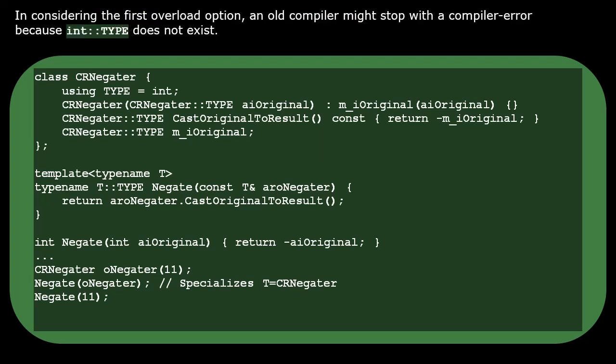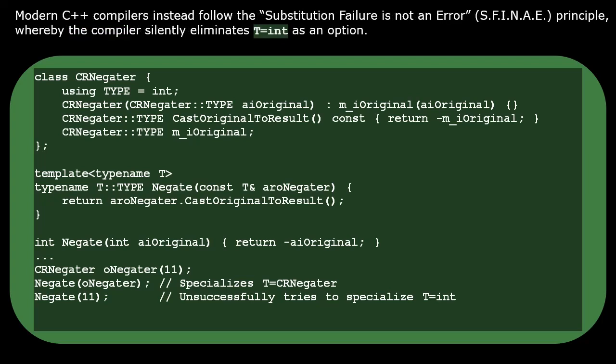While first considering that first overload option, an old compiler might stop, triggering a compiler error, because there is no such thing as int::type. But modern compilers instead follow a principle called substitution failure is not an error.